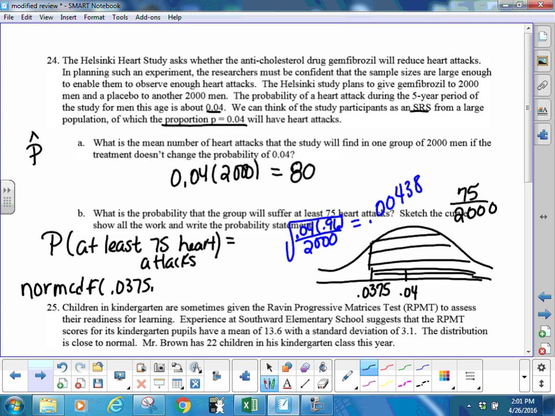Lower bound, upper bound, mean, standard deviation. I got this number, and if anybody crunches that and gets something different, tell me, but I think it's around 0.0044.